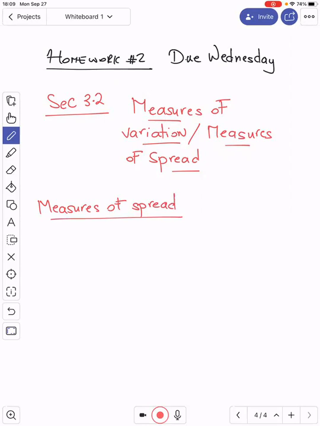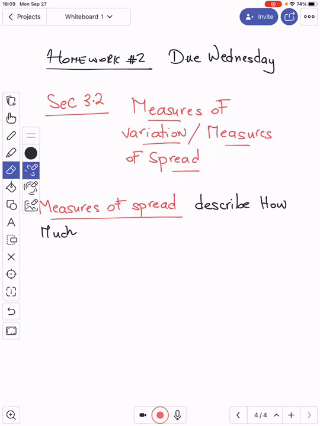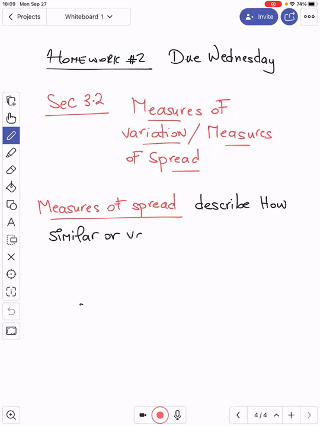These measures describe how much, or how similar, let's say, how similar or varied the set of data values is.